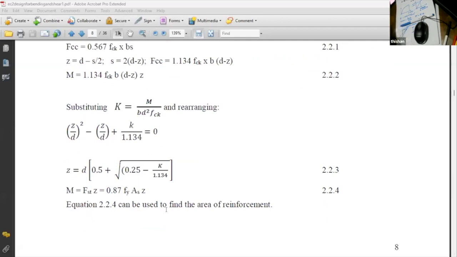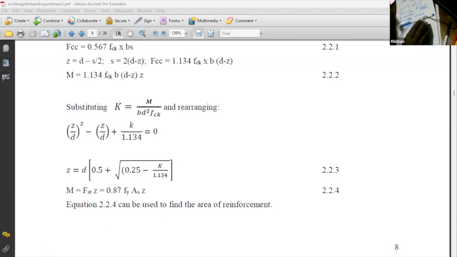Then we can substitute in the equation, moment is equal to force in steel multiplied by Z, and our requirement is to find the steel. So what is the steel requirement?